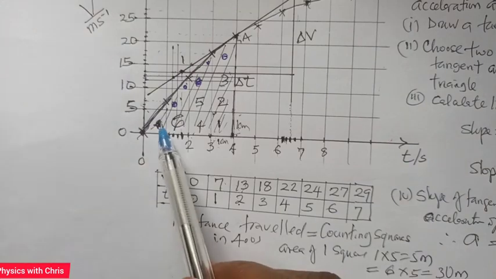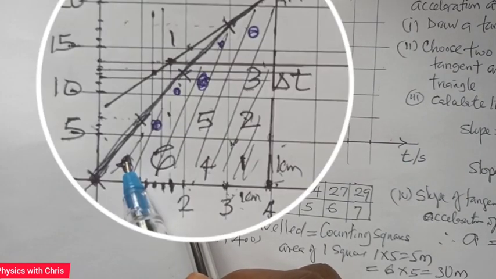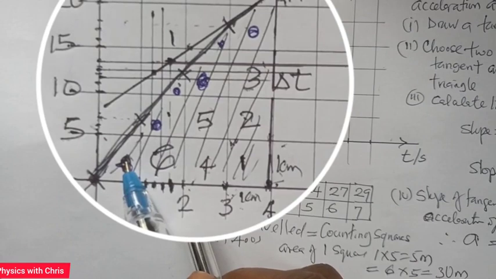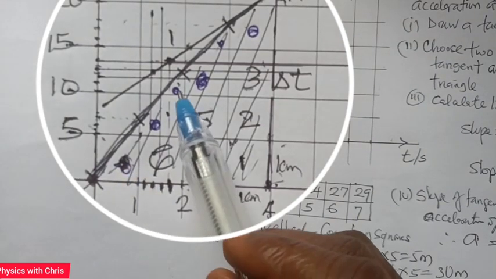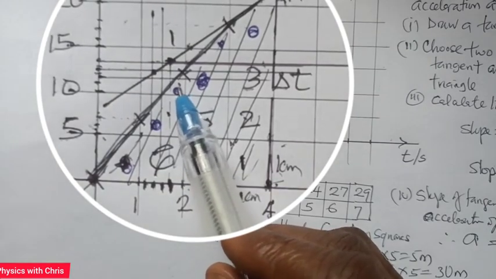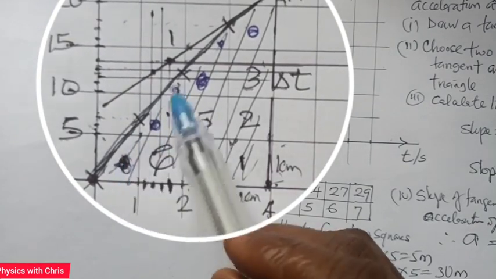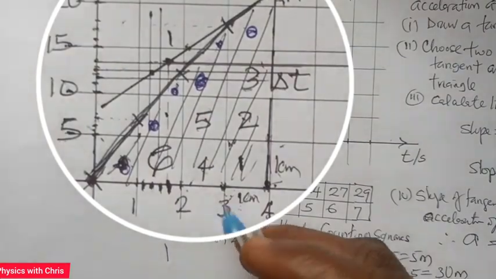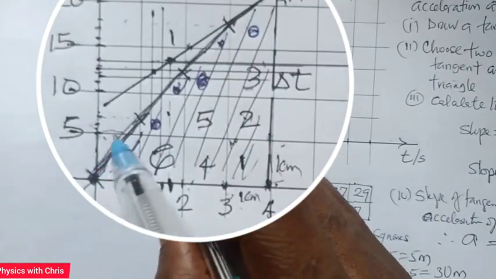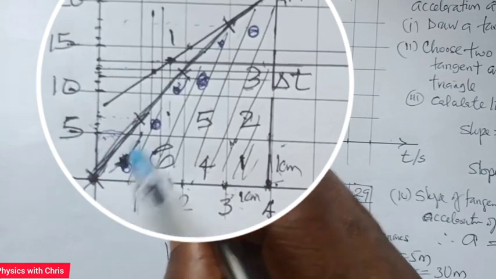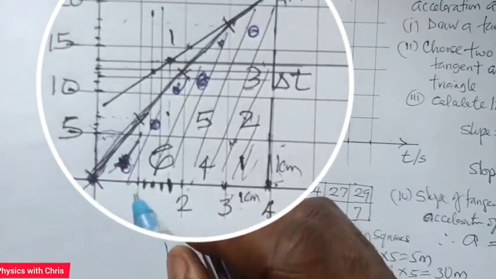If you check very well, this one will become a full square if I add this small fraction to it, approximately equal to 1 square. So this and this will give me 1 full square, because this one is what is left to make it a full square.